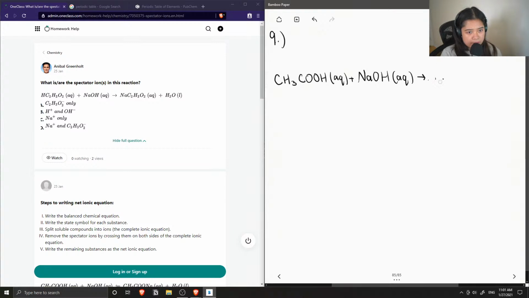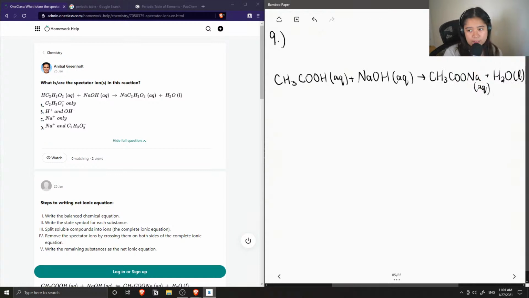So let me write it like this. Sodium acetate plus water. Okay, so this is our molecular formula.